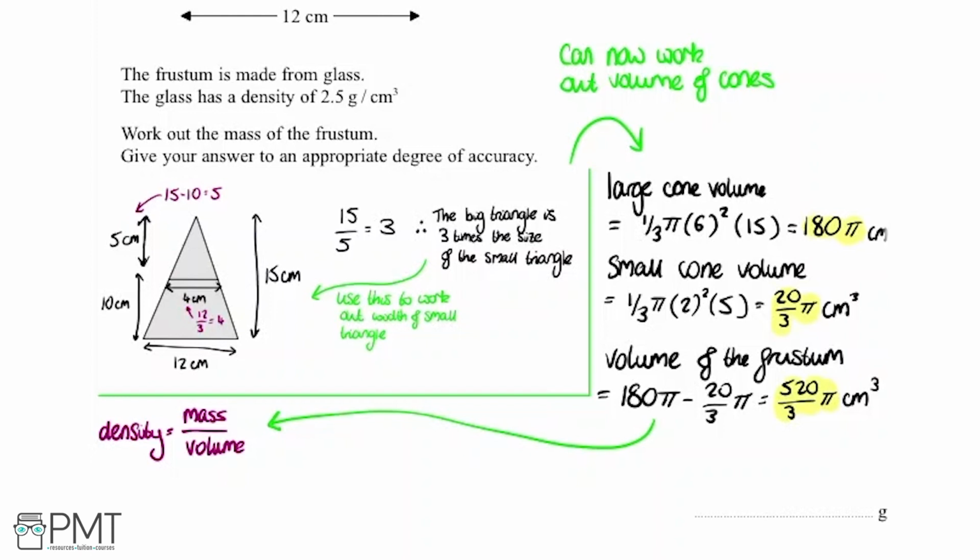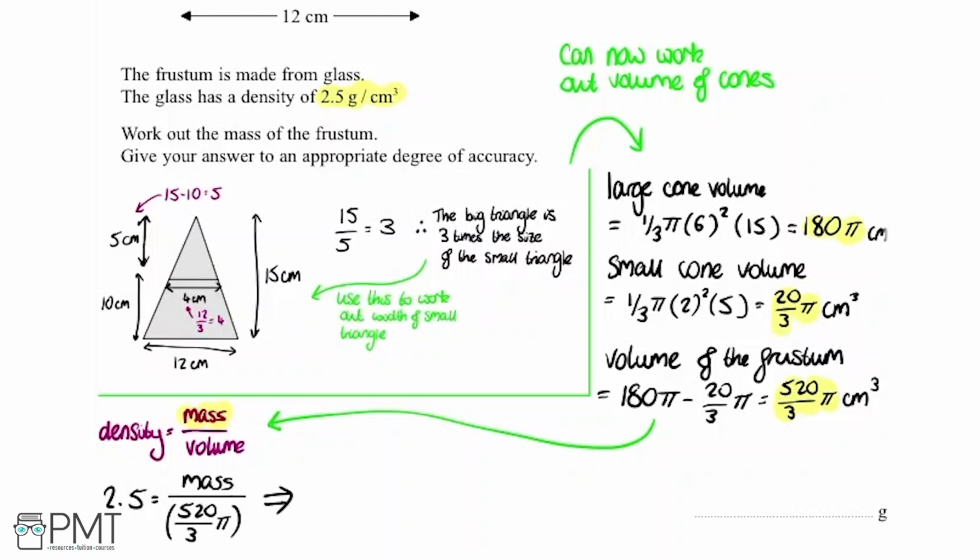In the last step, we're going to use that density is mass divided by volume. The question asks us to work out the mass of the shape, and we know the density and the volume: the volume we just worked out, and the density we were told in the question is 2.5 grams per centimetre cubed. So if I set this out, we have 2.5 equals the mass divided by 520 over 3 pi.